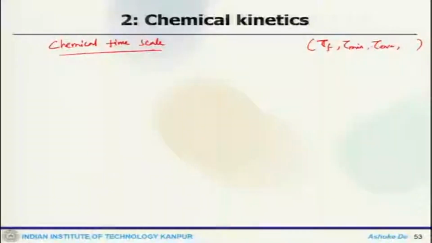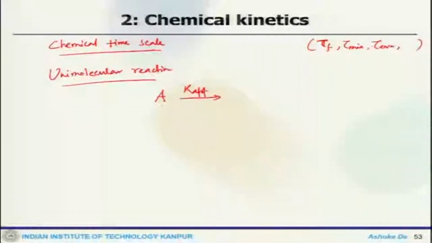Now let us start with the simple one, a unimolecular reaction. So if we start with a unimolecular reaction, that is A goes to products, we stick to our nomenclature and continue the notation in a similar fashion.